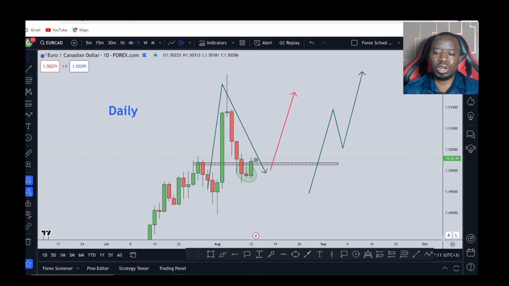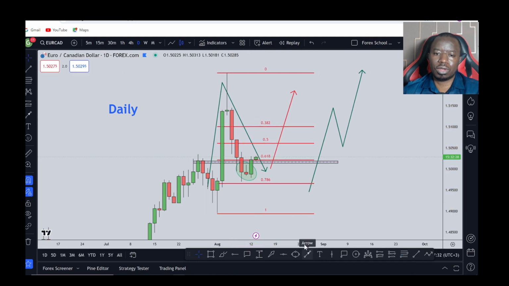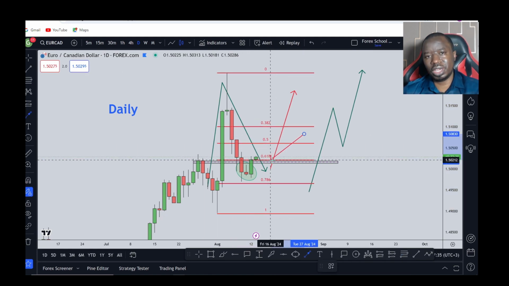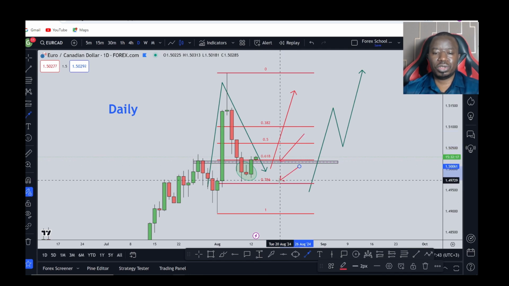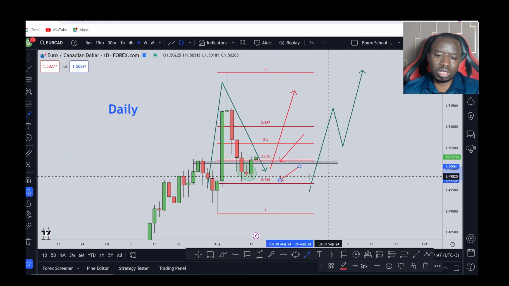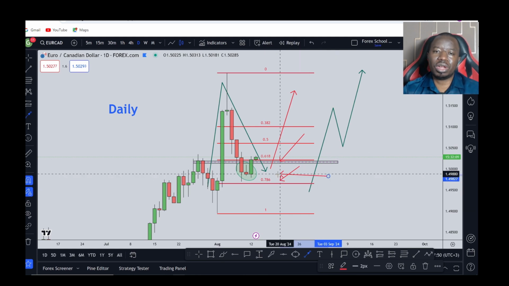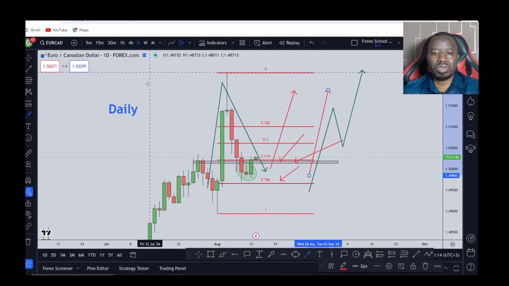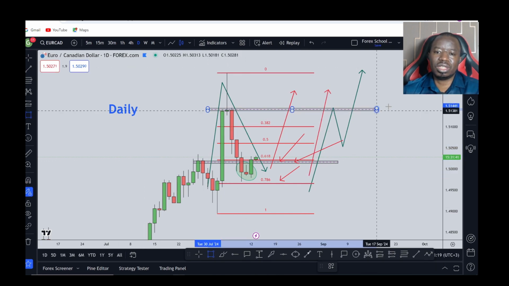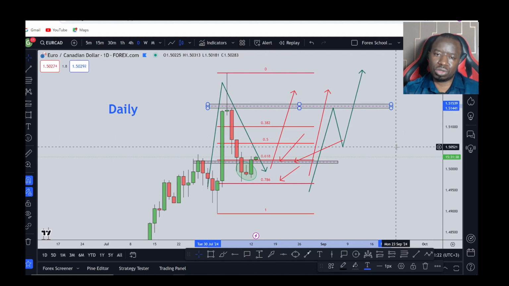And if we are to take our Fibonacci tool to measure the movement of this price from the low to the high of this impulsive move, we see that price tested this 61.8 Fibonacci retracement level, deep down close to the 78.6 retracement area, and so it's been oscillating between the 78.6 and the 61.8 Fibonacci retracement levels, which should both act as a strong rejection area for price continuing to the downside and have price bounce off alongside the confluence of this support area to the upside, back to come and retest these highs that were formed during the impulsive move to the upside.